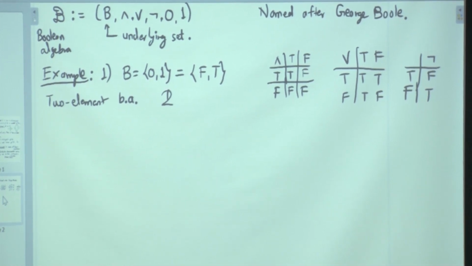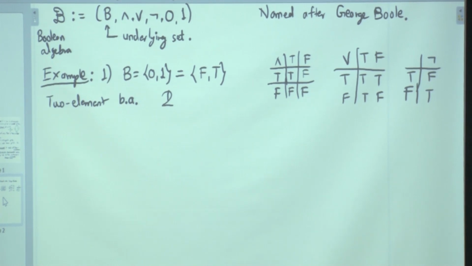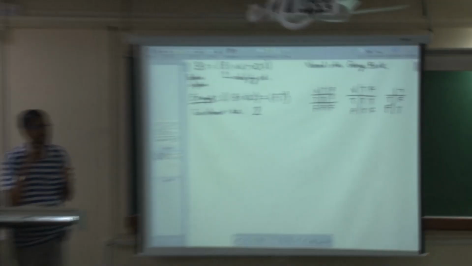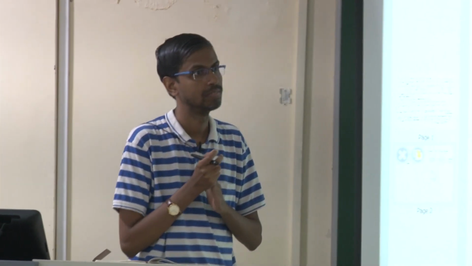What about a three element Boolean algebra? Can you tell me all three element bounded lattices? 0, a, 1. There is only one possibility, yeah? So is that a Boolean algebra?